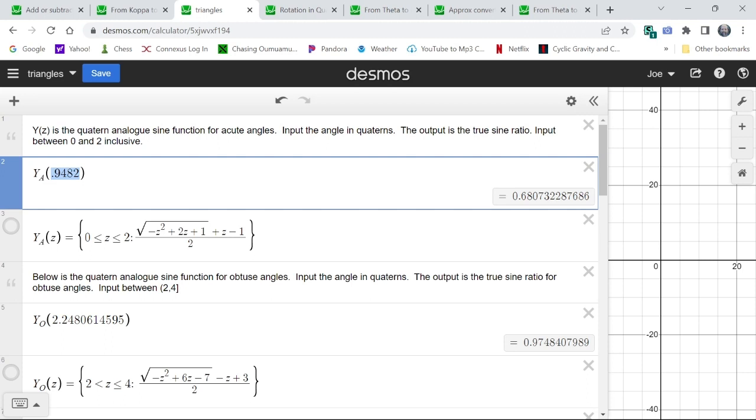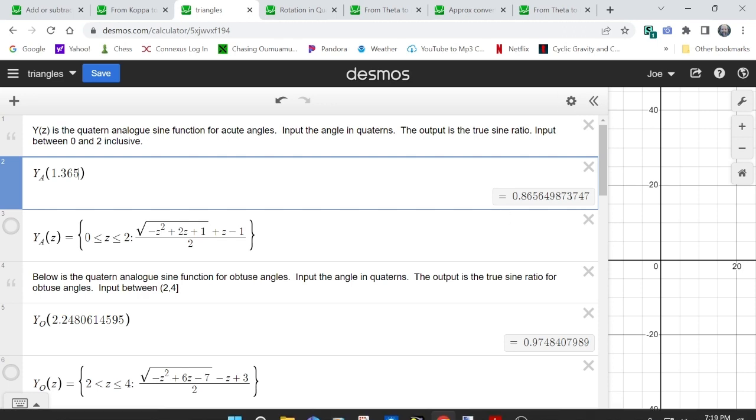I just entered it into the inverse, so let's try that again. 1.365, and this tells me that the sine ratio for this angle is 0.8656. We'll call it 0.8656. That is the sine ratio.